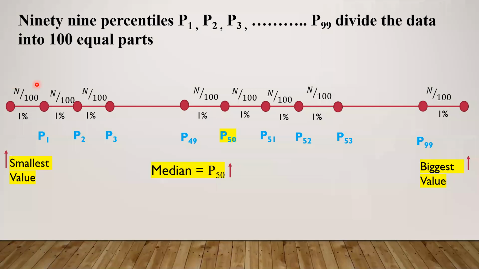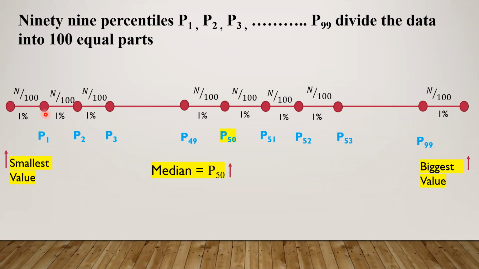Suppose my data has 200 values, so n is 200. 200 divided by 100 is 2. So 2 values will be less than P1, and the remaining 198 values will be bigger than P1. So it is very clear from this diagram that n upon 100 values are less than P1.